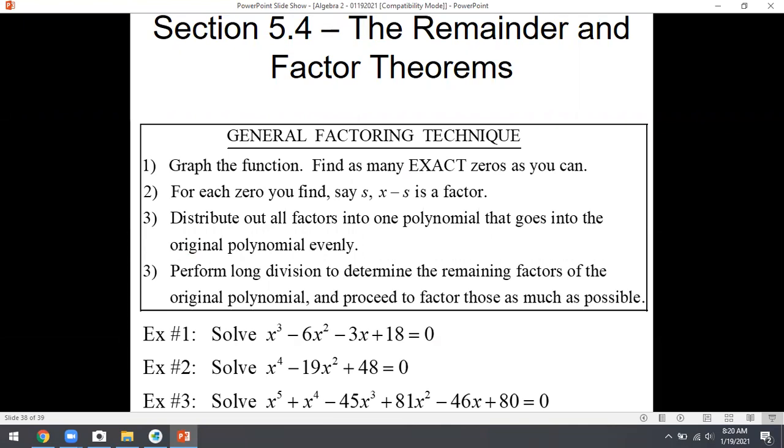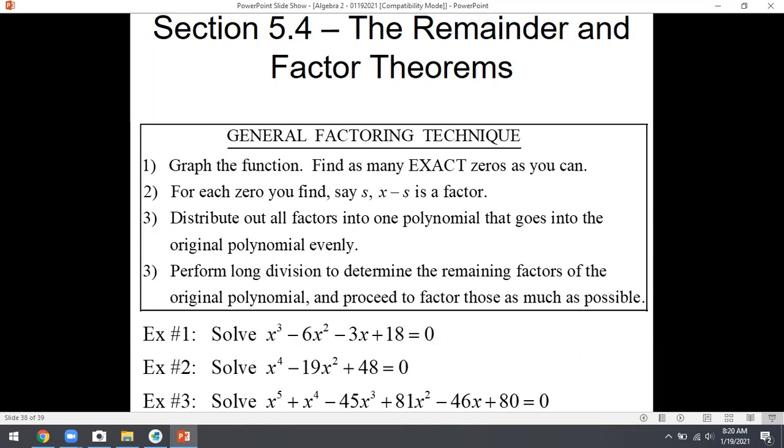And those techniques don't always work. This will always work if you can. And the first step is always to graph it. It's kind of a cop-out thing, but you need something to go on. If I give you a big 6th-degree equation and I say factor it, and I don't have a calculator, I can't do it. Nobody can do it just by staring at it.